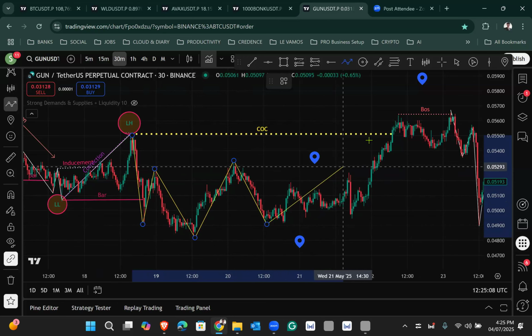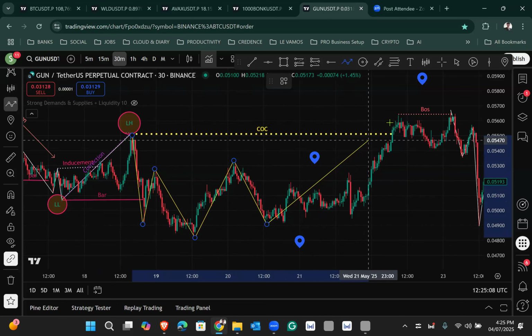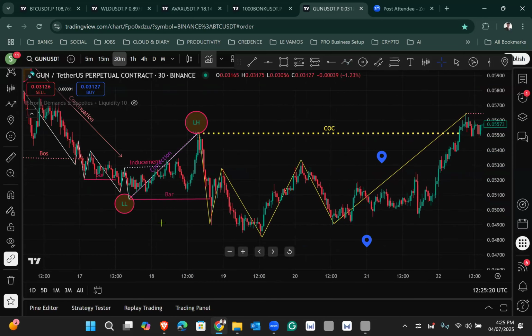The way you know the trend is by looking at the structure. As you can see, you have lower high, lower low, lower high, lower low, lower high. That's a downtrend. Yeah, lower low, lower high. From here, this is ending.